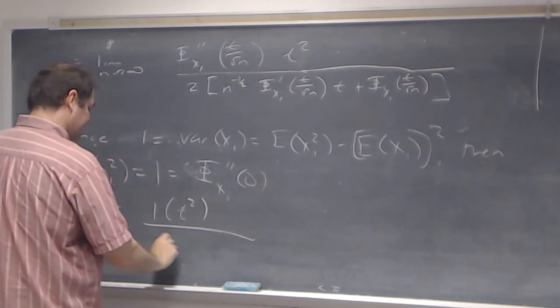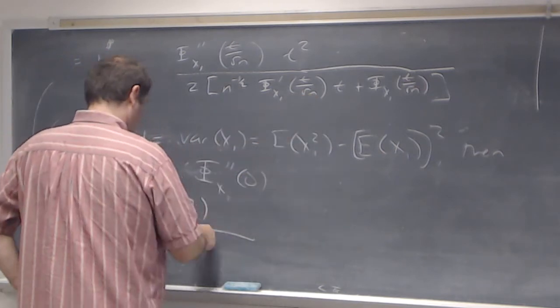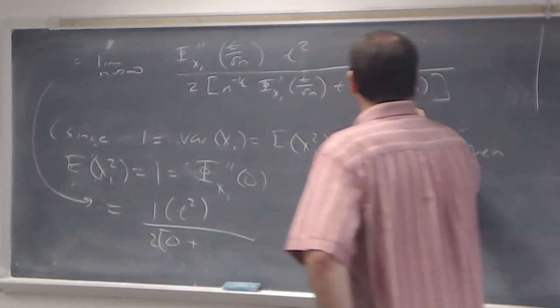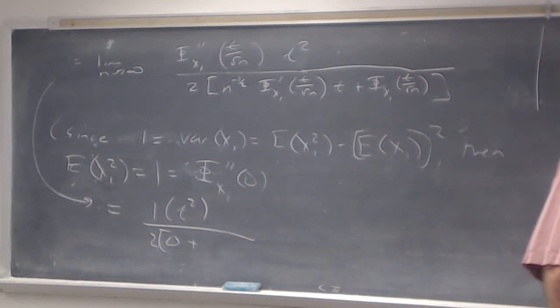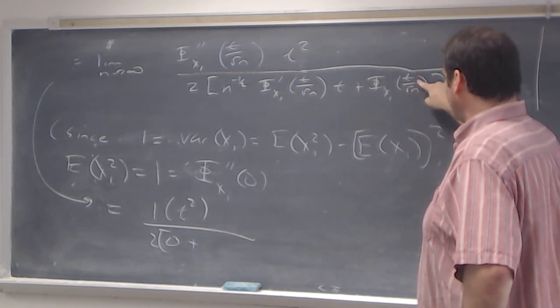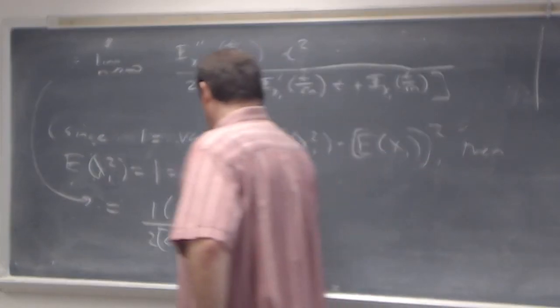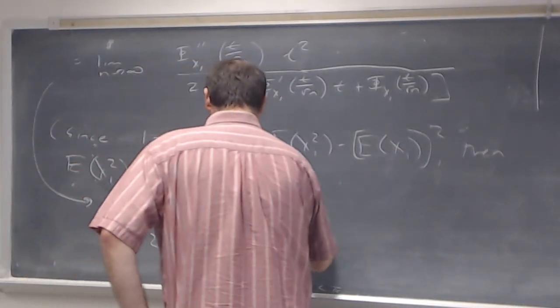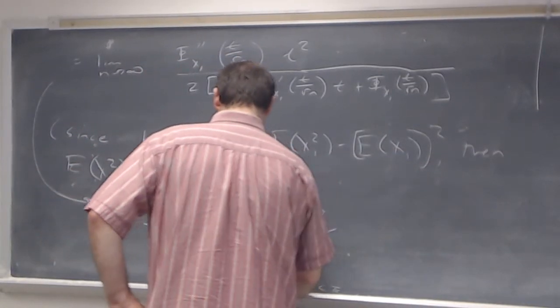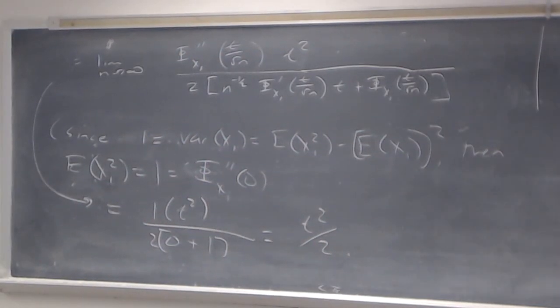So 0 times 0, that's 0. 2 times 0, times t, so that's still 0. Here, this is going towards 0 as n gets really big. Phi of 0 is equal to 1. And so we end up getting t squared over 2. Okay, that wasn't the original limit we were trying to get, but it helps us get the original limit.